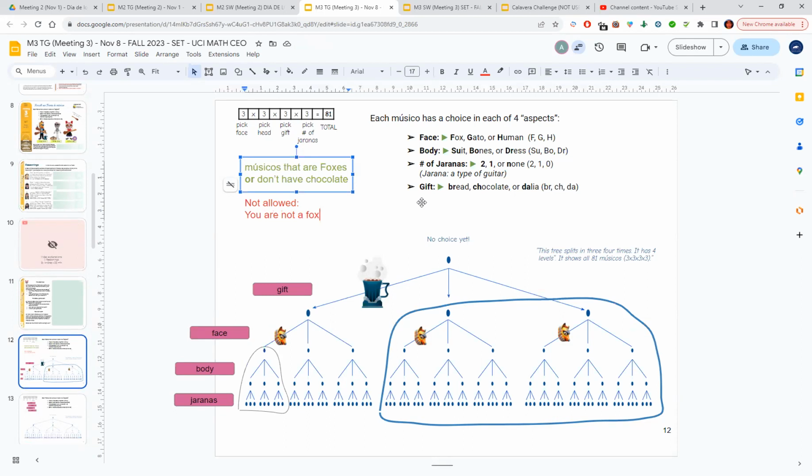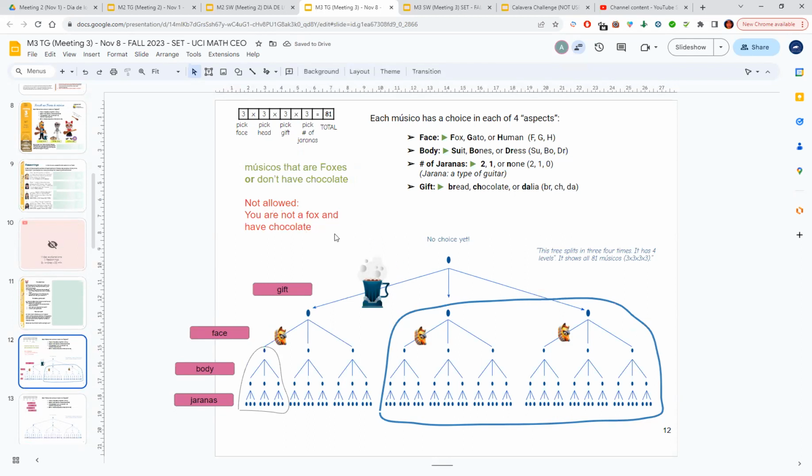But if you don't have chocolate, that's fine. But if you have chocolate, then I cannot have you in my room. And hopefully you can reason to compute the size of this. Convince yourself that it's going to be 18. Redrawing a tree or so, and then doing total minus this. So these are complementary properties, right? So this splits all the set of músicos into 2 parts.